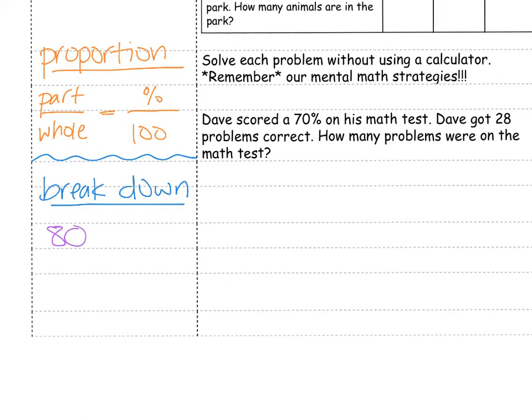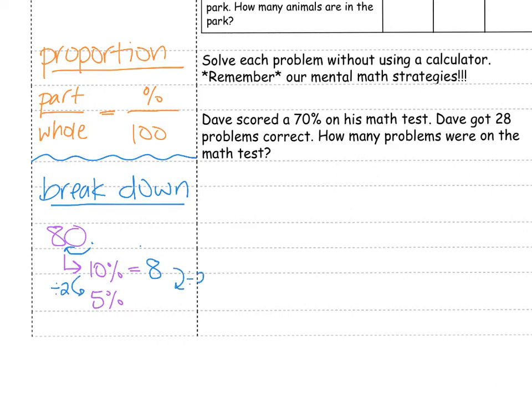So let's say we have the number 80. We like to break it down and figure out what is 10% of 80. And remember that in order to do so, all we do is take our decimal and move it 1 to the left. 10% of 80 is 8. We can also use that to find 5%, because we know 5% would be half of 10%.